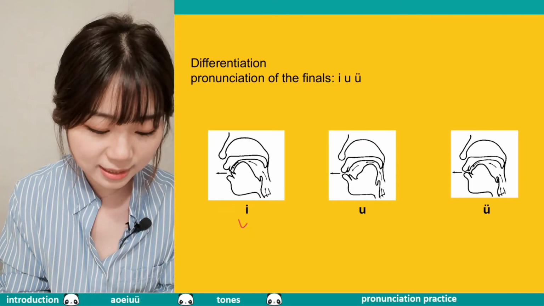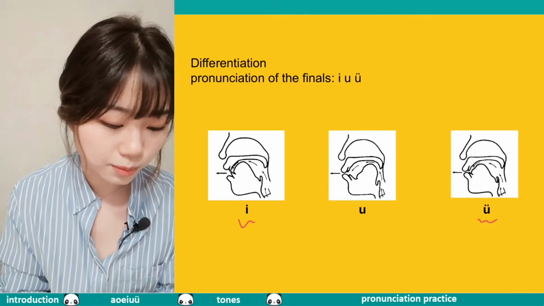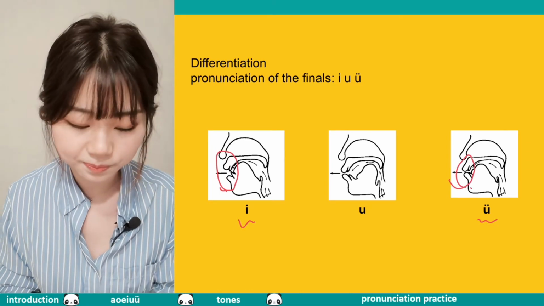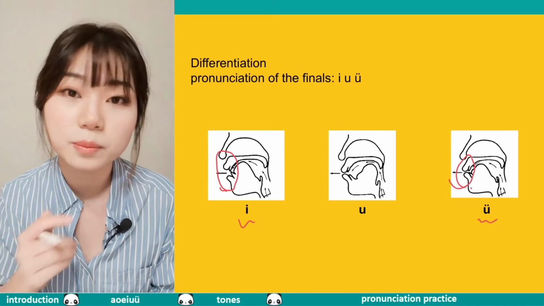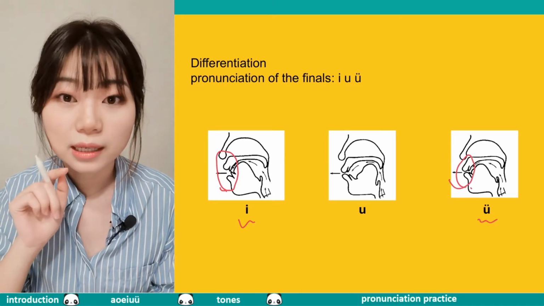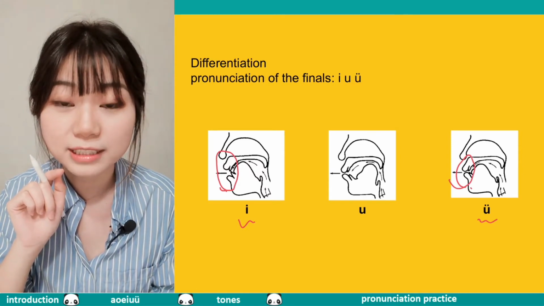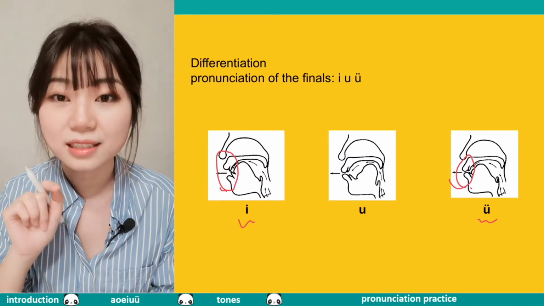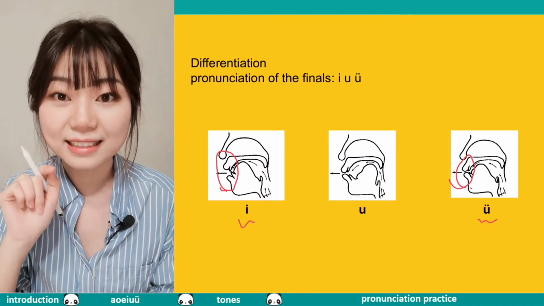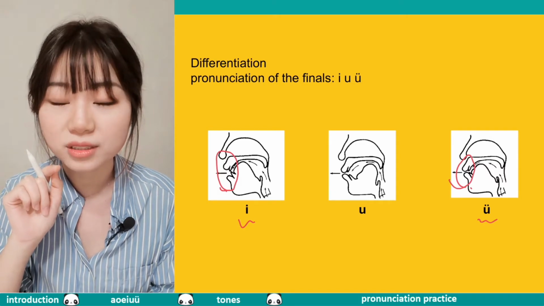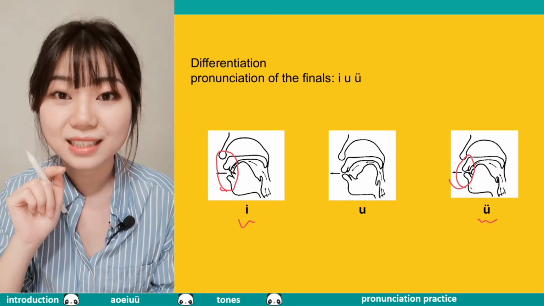Compared with e and ü, only the mouth shape is different. They have the same tongue position. Use your tongue tip to press the inner surface of your lower teeth, like this. And don't change your tongue position. Only change your mouth shape.